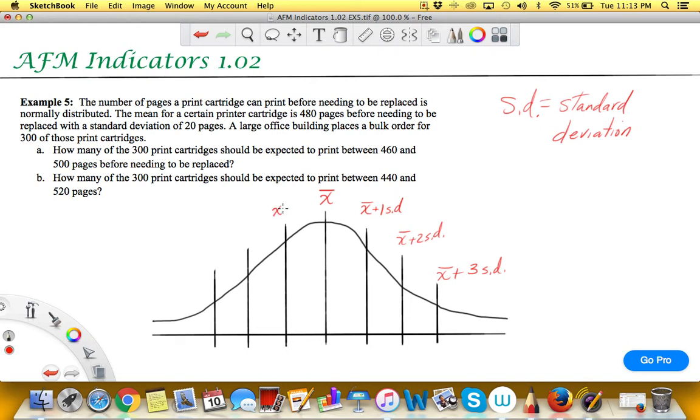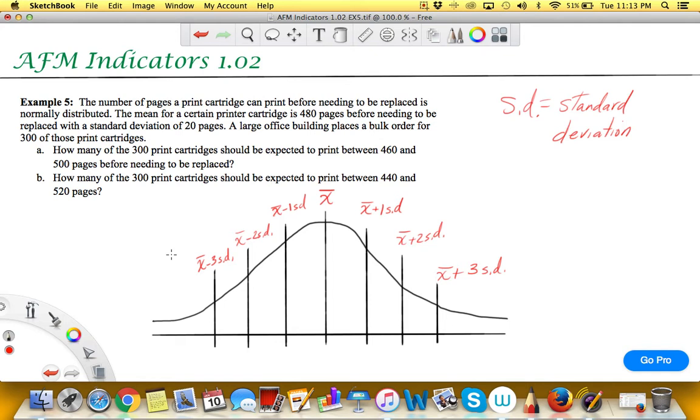On this side, we have X bar minus 1 standard deviation, X bar minus 2 standard deviations, and X bar minus 3 standard deviations. That probably doesn't mean much to you right now, but let's go ahead and read the problem.